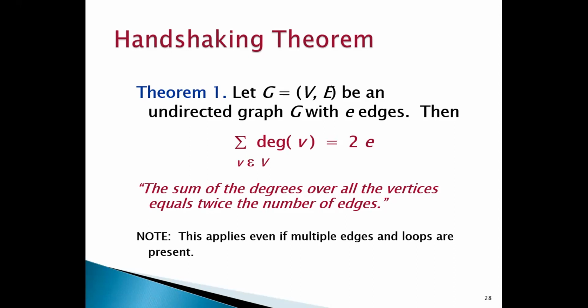It means the total number of degrees of that graph will be twice the number of edges. So for any graph, the summation of the total degrees will be twice the number of edges.